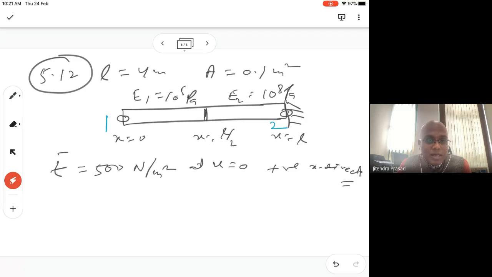Then model the bar with two linear elements, one element here and another element here, two noded elements, or with one quadratic element, so three noded element, and find out what the solution will be. So what is an optimal finite element mesh for this problem? An optimal mesh is defined as the one that gives the best one-dimensional solution with minimum finite element nodes.